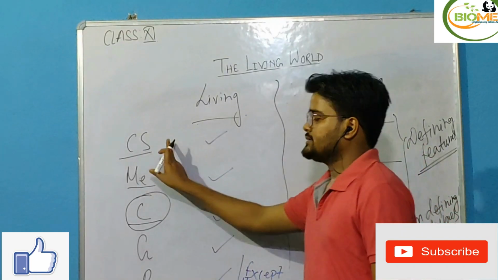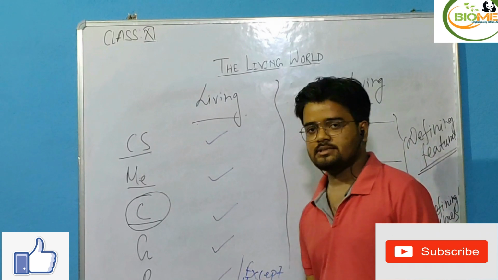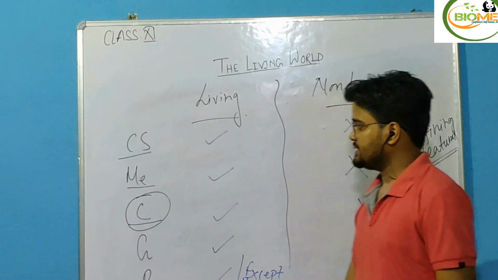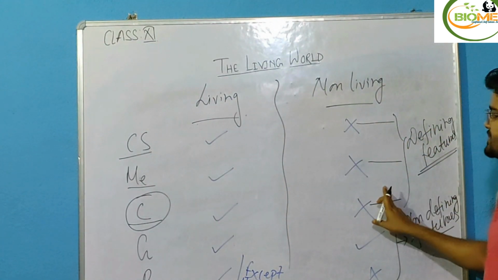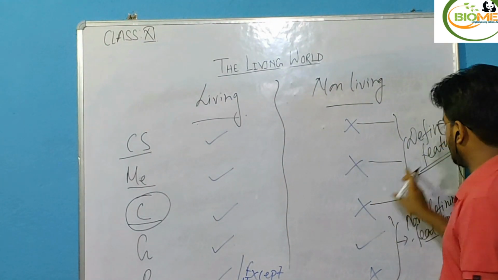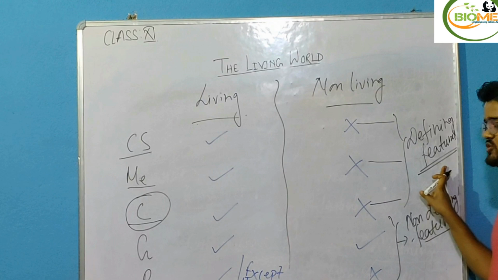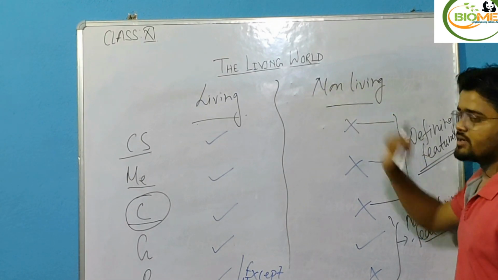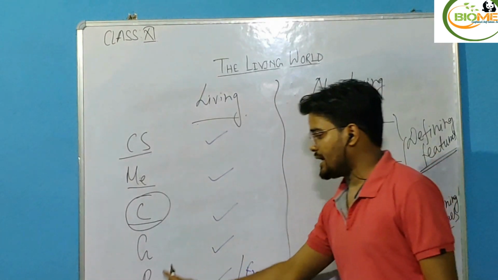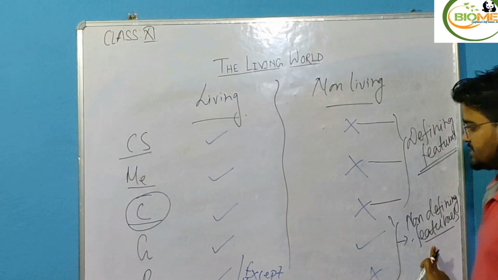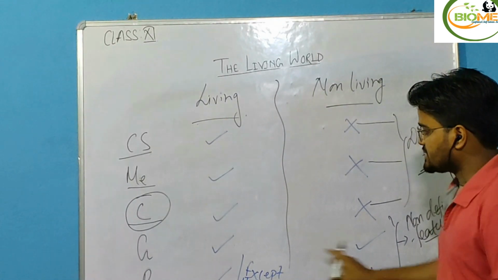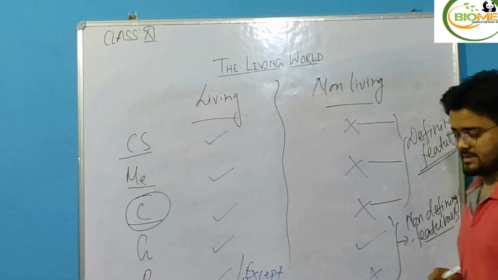Cellular structure, metabolism, and consciousness are present only in living organisms and completely absent in non-living organisms. That's why they are the defining features of living organisms, and growth and reproduction are the non-defining features, because some exceptions are present.